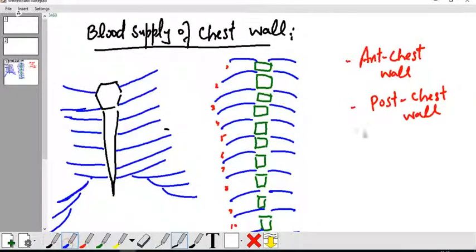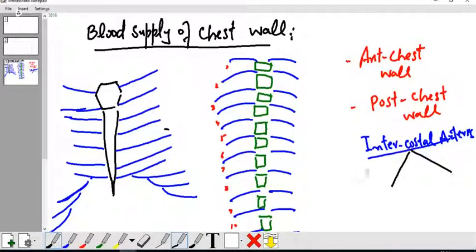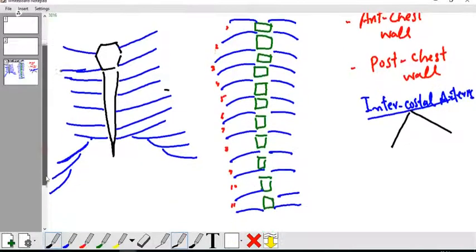The arteries present between the ribs are named intercostal arteries. There are two groups because there are two walls, anterior chest wall and posterior chest wall.